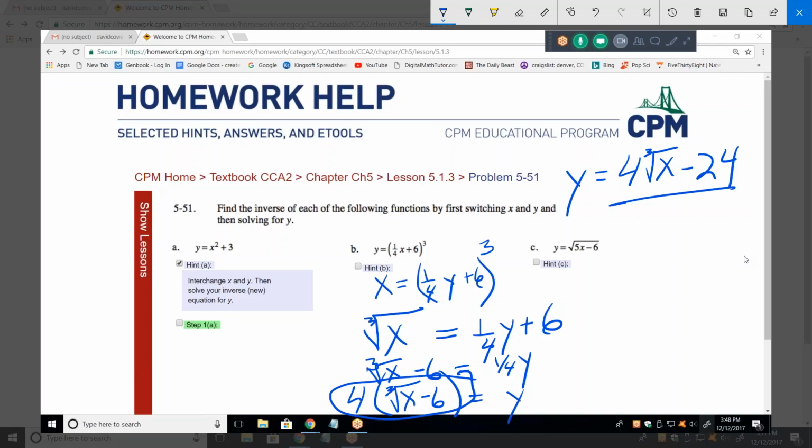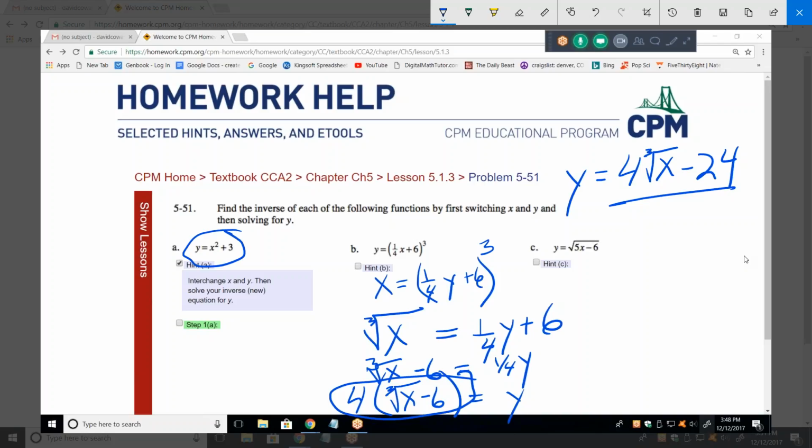Okay? Now, notice one difference. Over here, when I took the square root of both sides, I started my answer with the words plus or minus. When you take odd roots, you don't do that. If I'm taking the cube root of x, it's the cube root of x. It's not plus or minus the cube root of x.